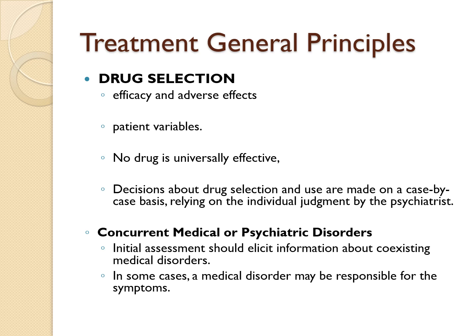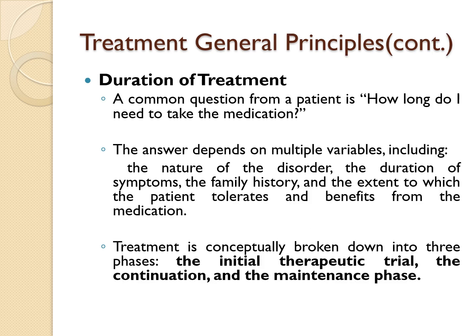And in some medical disorders, the disorder itself may be responsible for the anxiety symptoms. So take care of these comorbidities. The duration of treatment: the person asks how long do I need to take the medication.